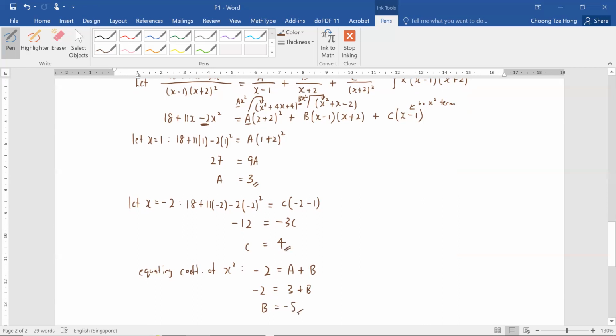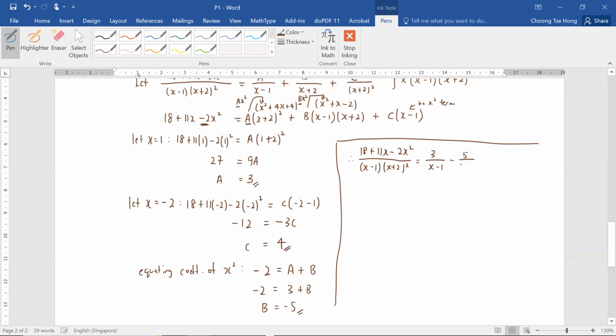So we have found A, B, and C already. So we can write down our answer here. Therefore, 18 plus 11x minus 2x squared over x minus 1 times x plus 2 squared equals, A is 3, so 3 over x minus 1, then B is -5, so -5 over x plus 2, then C is 4, so plus 4 over x plus 2 squared.